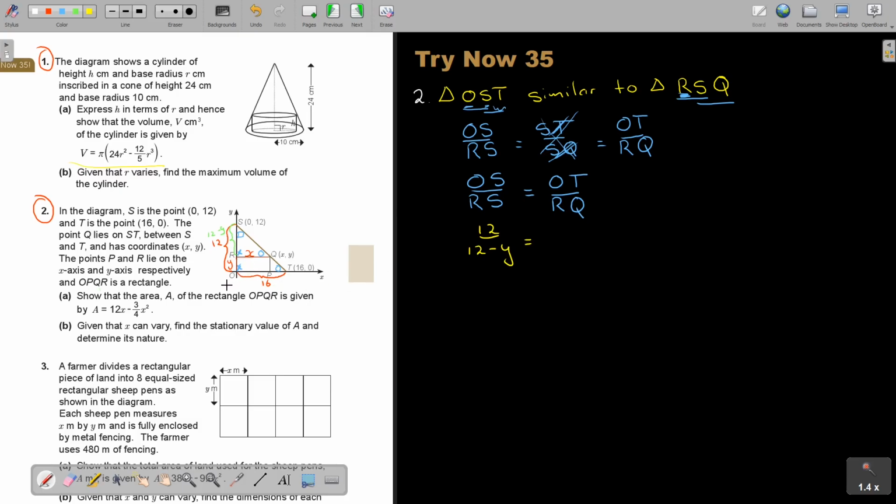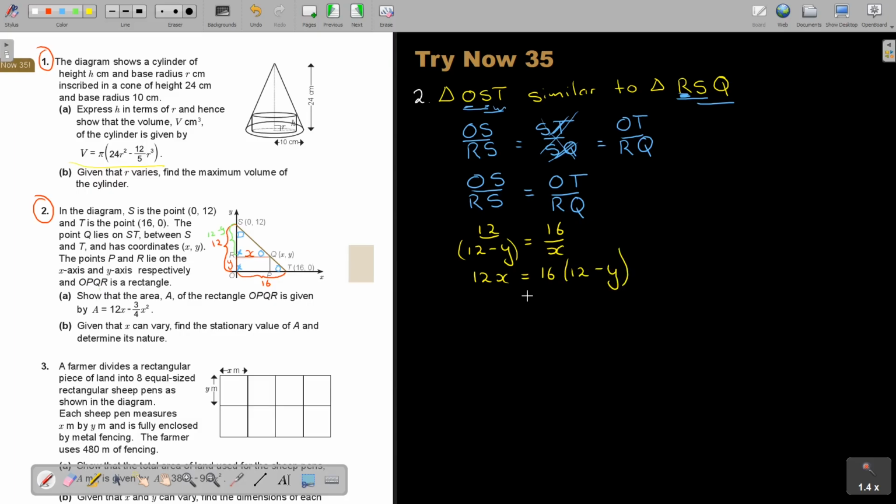In the place of OT, I'm going to put 16. And in the place of RQ, I'm going to put X. Okay, and then I'm going to cross multiply. Now, if I cross multiply, I get 12x is equal to 16, 12 minus y.